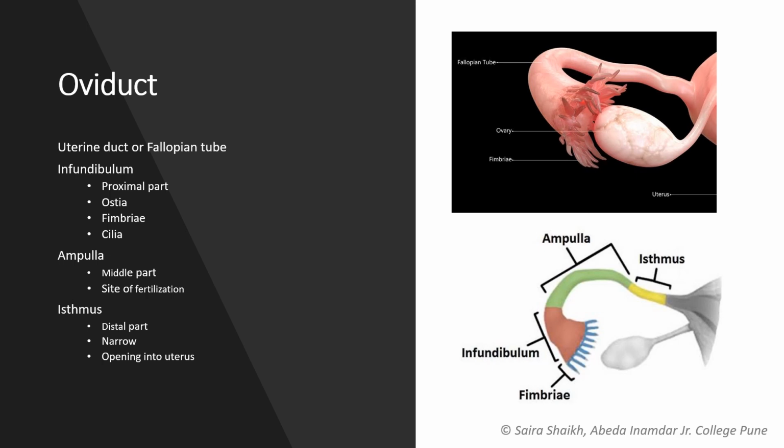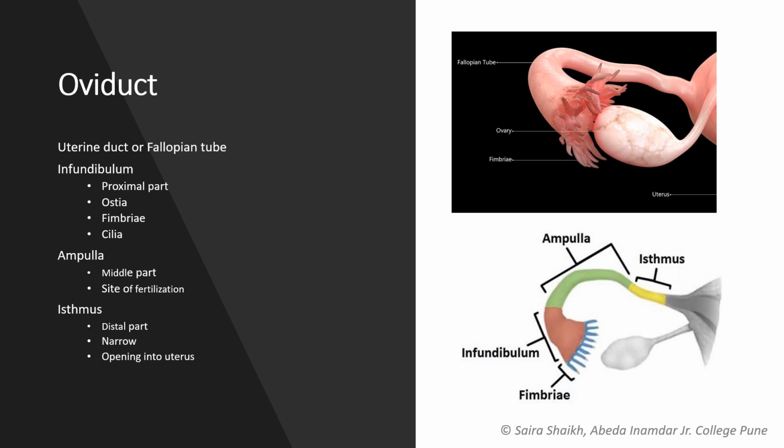It is funnel shaped and has finger-like projections called fimbriae, which enclose an opening called the ostium. Fimbriae play an important role in collecting the egg released from the ovary and pushing it into the ostium.